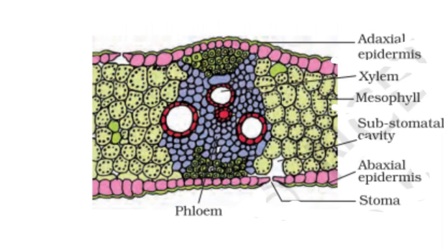Between adaxial and abaxial epidermis, they contain a single type of mesophyll cells which contain many chloroplasts to perform photosynthesis. Then these mesophyll cells contain very few intercellular spaces and they show substomatal cavities. Coming to vascular bundles.